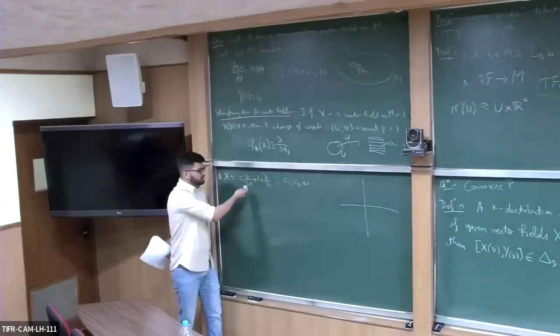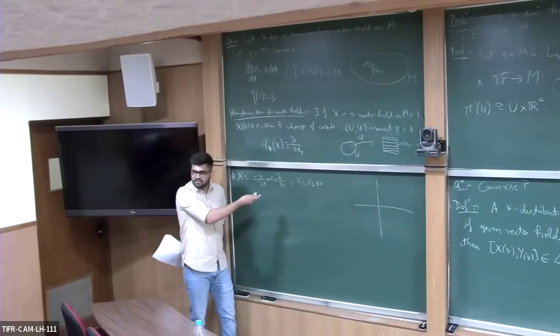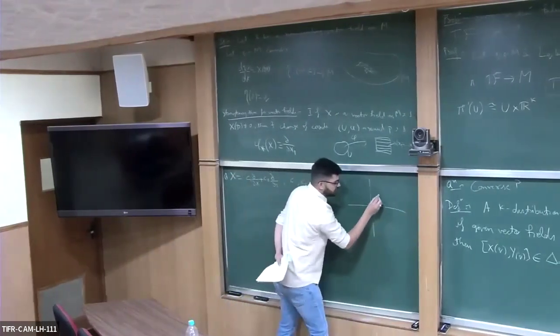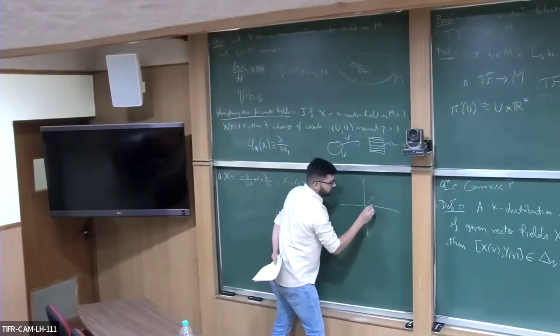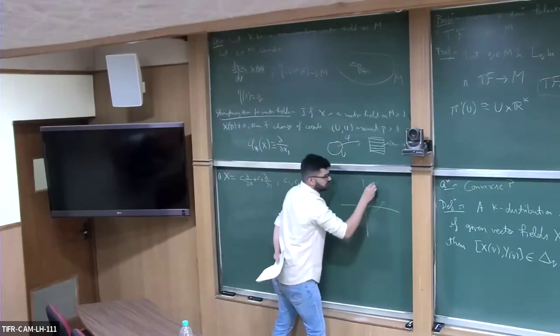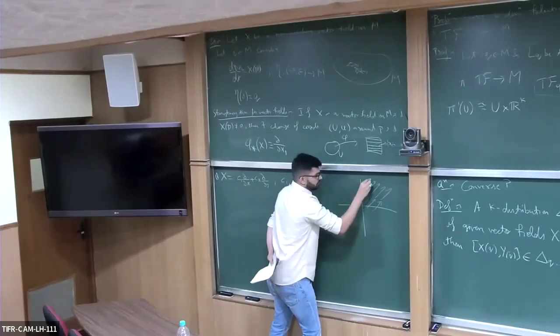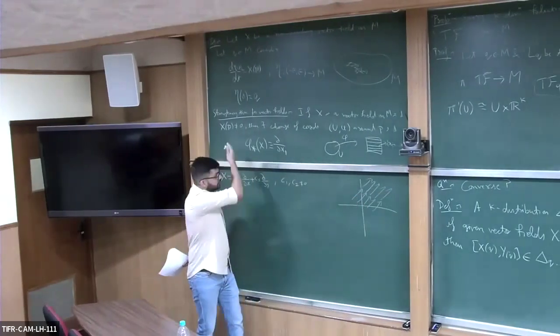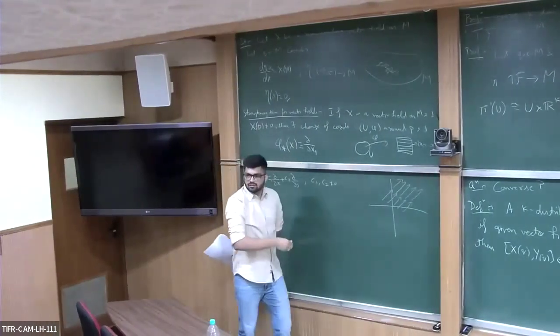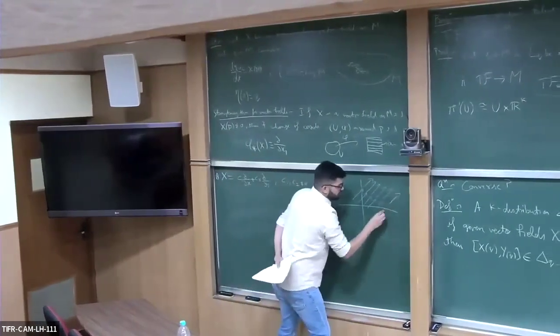What are the vectors? They are constant vectors, c1 and c2. So let's say this is the direction of c1, c2. This is our vector field. Of course, we can easily solve this differential equation because it's quite easy.